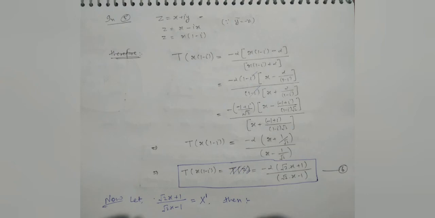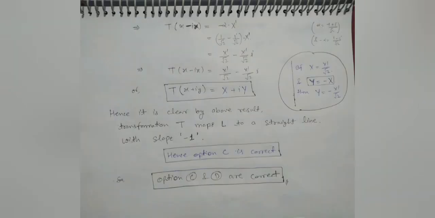Let (under root 2 x plus 1) upon (under root 2 x minus 1) be equal to x dash. Then we have T of x minus ix is equal to minus alpha into x dash. Now put the value of alpha and we get T of x minus ix is equal to x dash upon under root 2 minus x dash upon under root 2 into i. Now put x is equal to x dash upon under root 2.